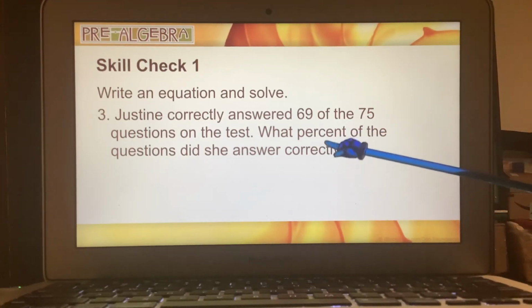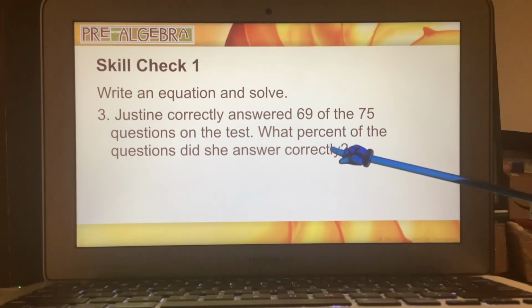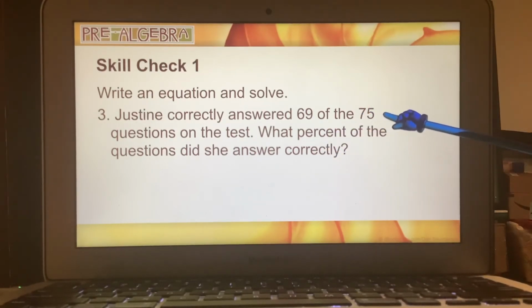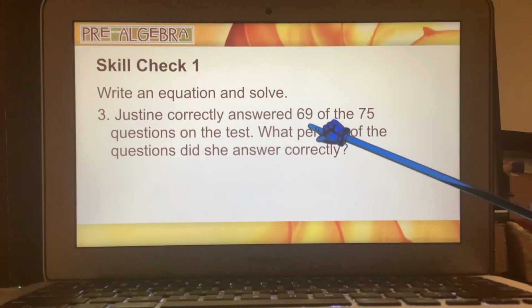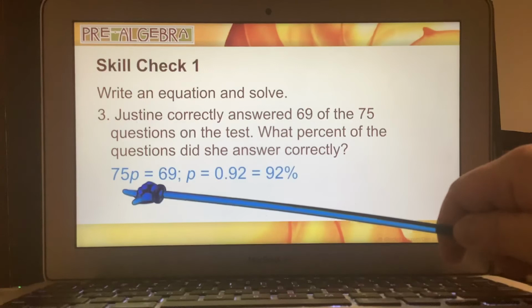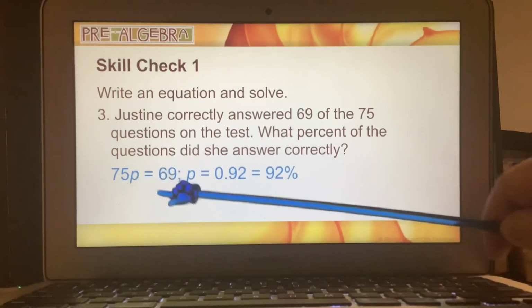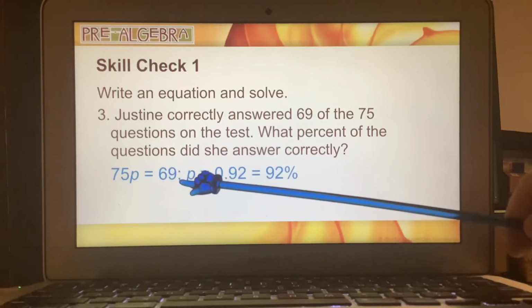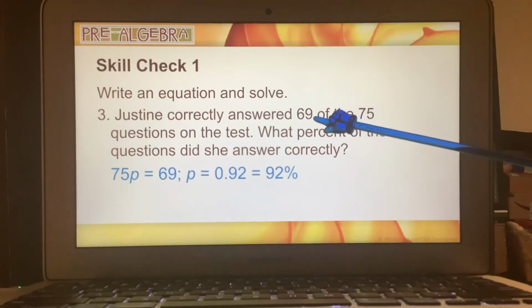So our percent times the whole, how many questions were total? 75. And that's equal to the part. The part is the number of questions that she answered correctly. So here we have 75, the whole, times the percent is equal to 69, the part.